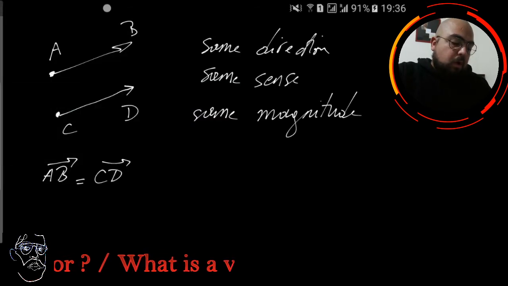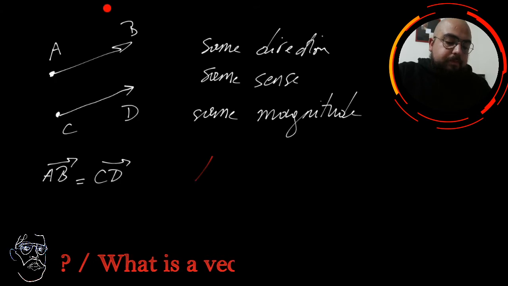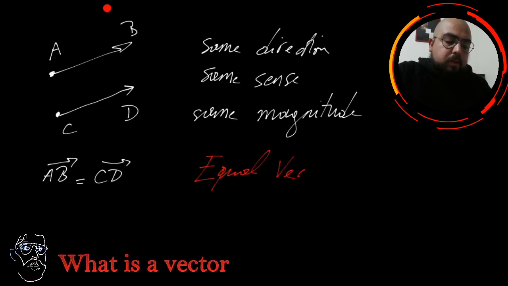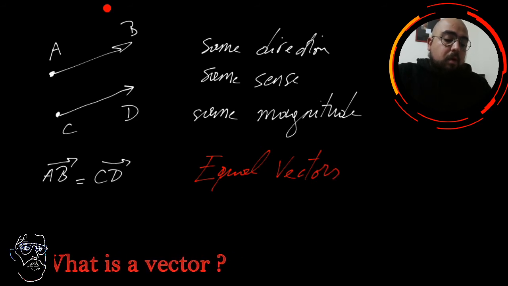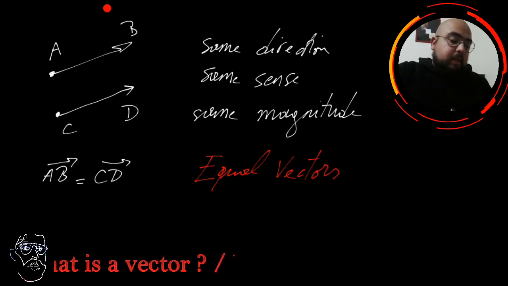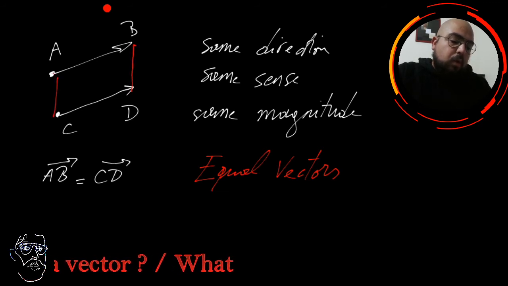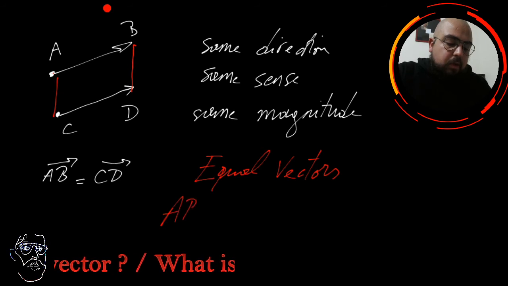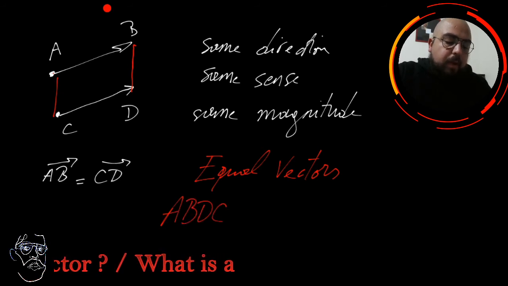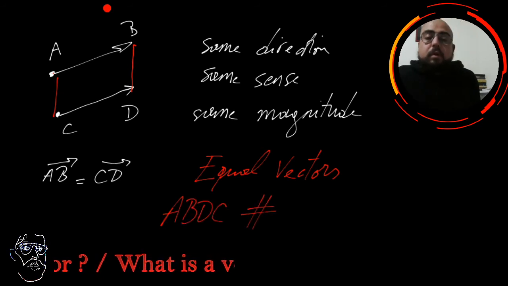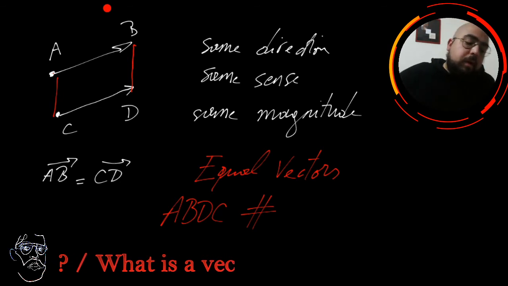So what about equal vectors? Whenever I have equal vectors, I can say that the quadrilateral ABDC will be a parallelogram. So in this case, ABDC will be a parallelogram.